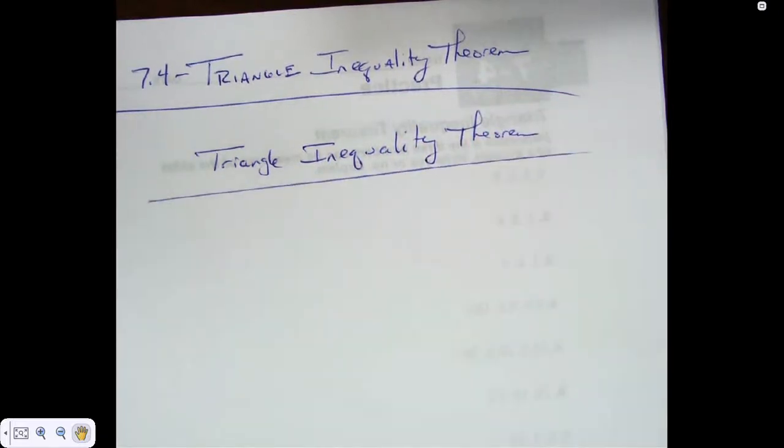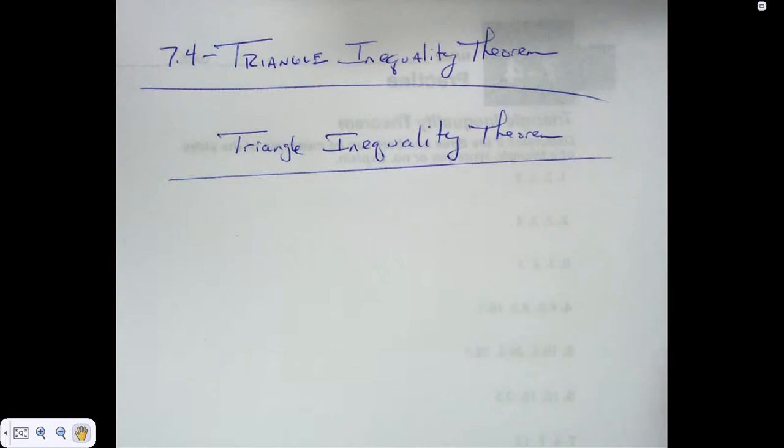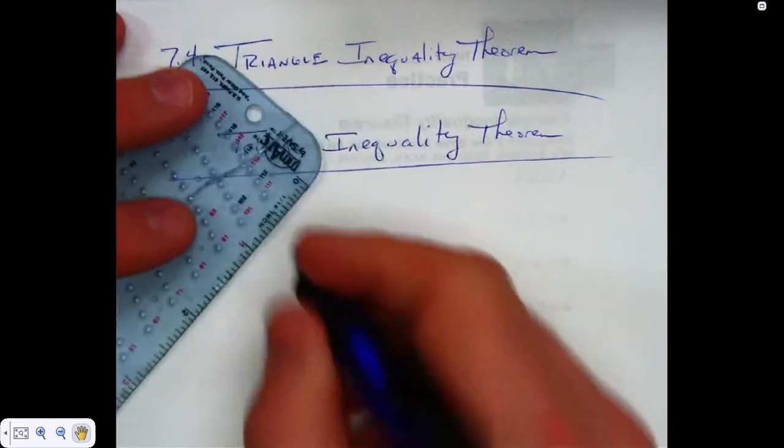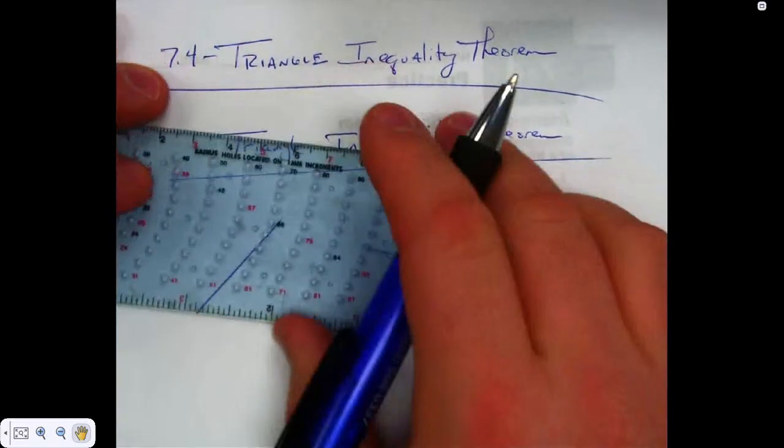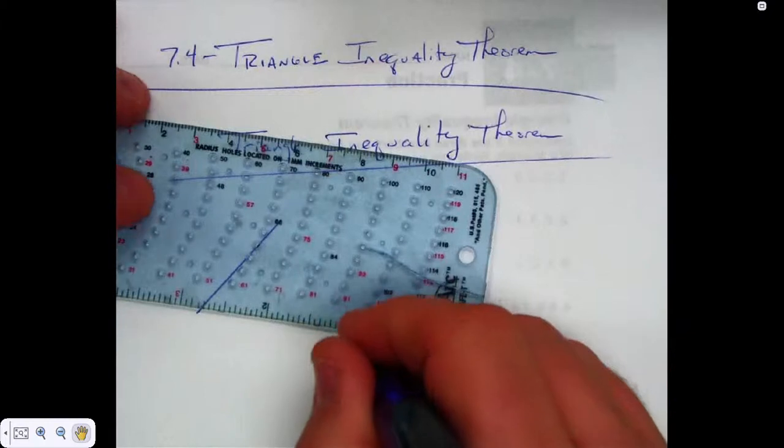The triangle inequality theorem says this. If I have a triangle, it talks about how the sides have to relate to each other.